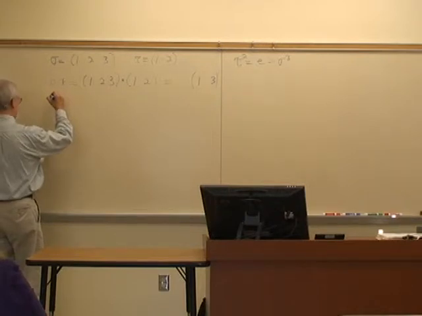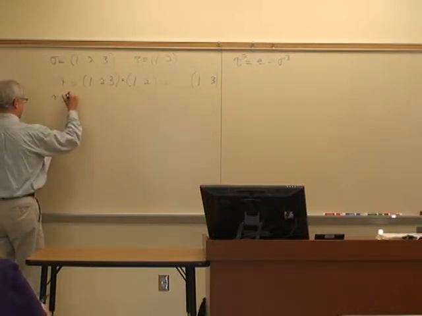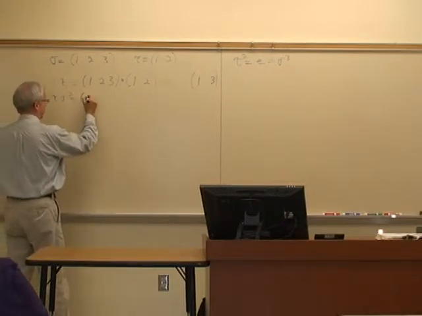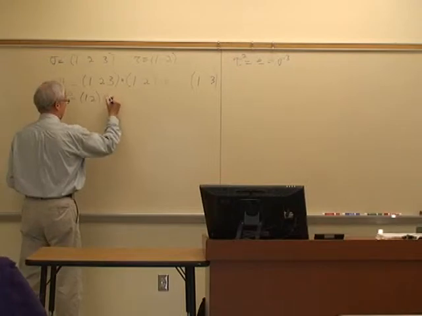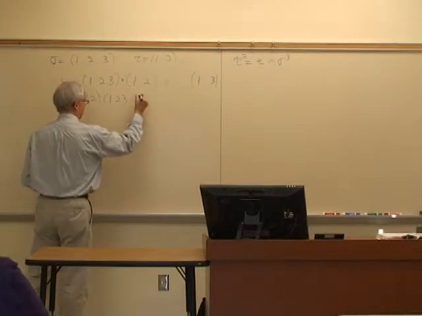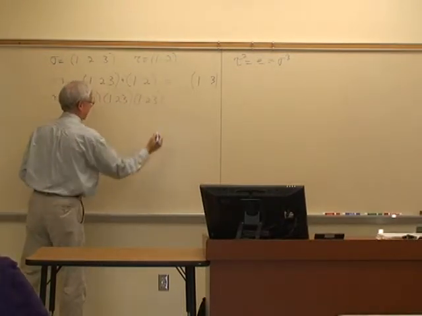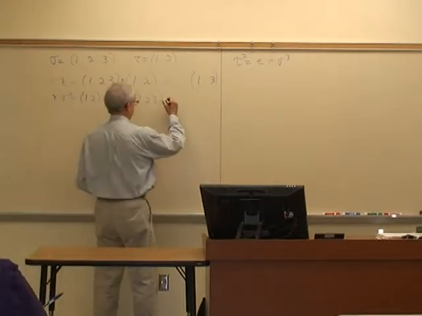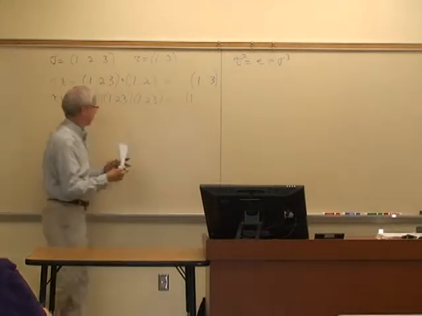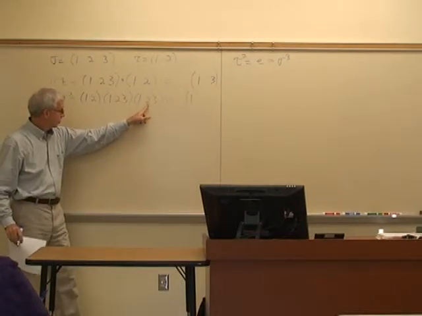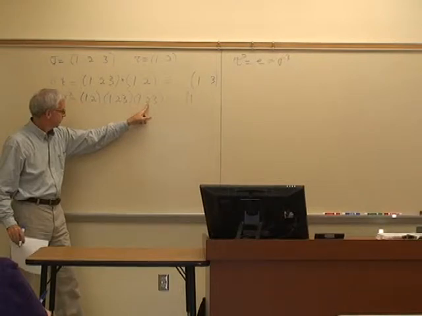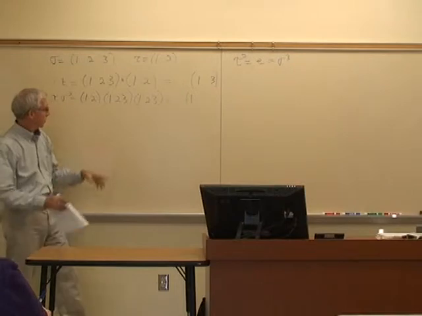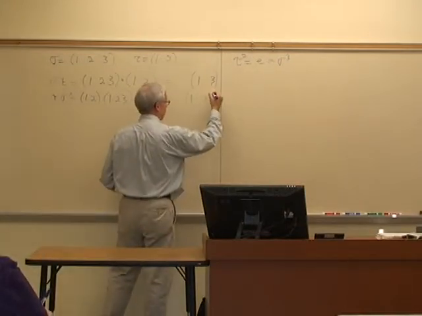And then we were to show that that's the same as tau sigma squared. So that's a lot of stuff: (1 2), (1 2 3), (1 2 3). Let's see if we can trace all the elements. 1 gets sent to 2, and then 2 gets sent to 3, and then 3 doesn't get sent anywhere, so 1 gets sent to 3 by the overall composition.